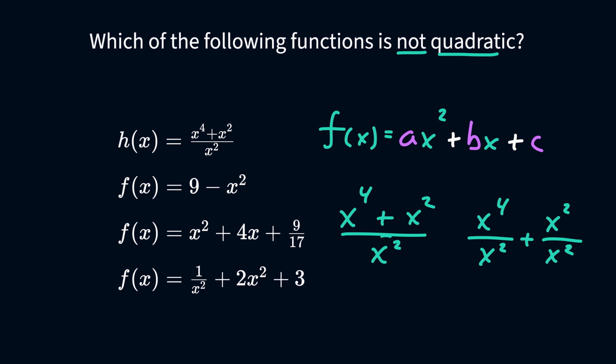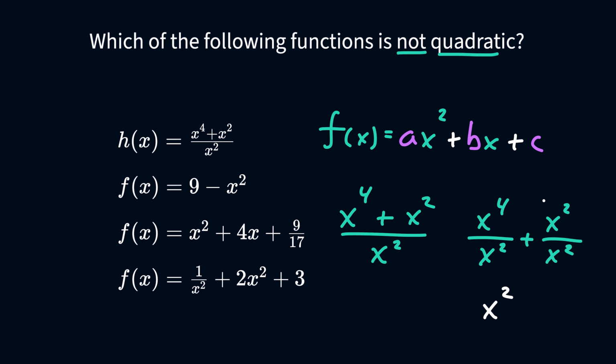In other words, I can take this denominator and distribute it under each of the numerators. Now, I can start to simplify these terms individually. x to the 4th divided by x squared is just going to be x squared. Remember, when you divide common bases, you subtract the exponents.